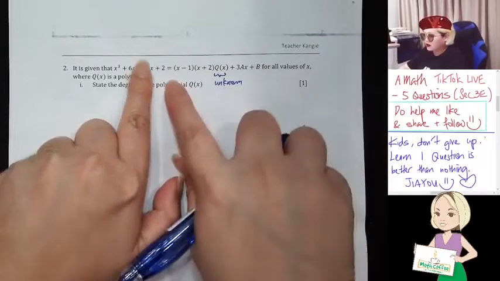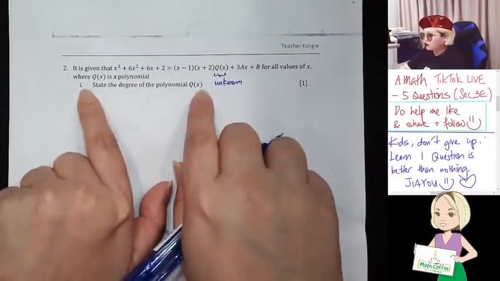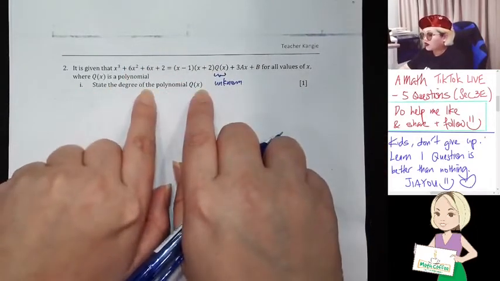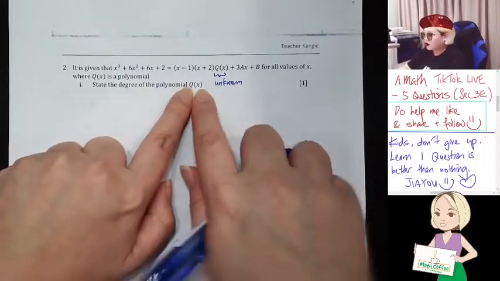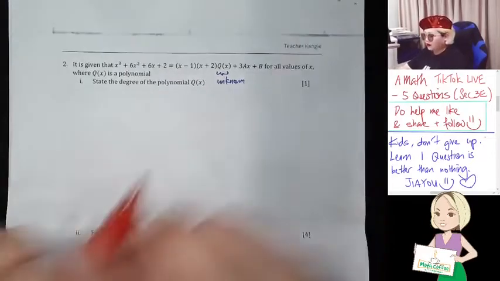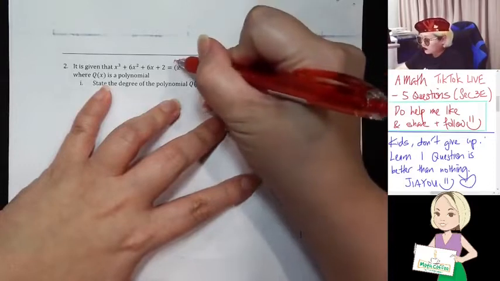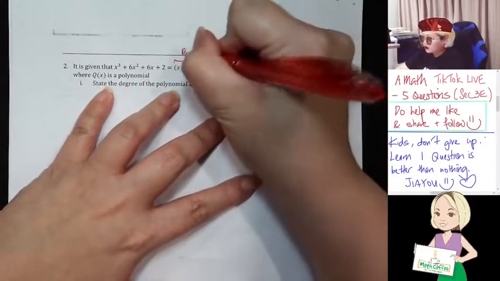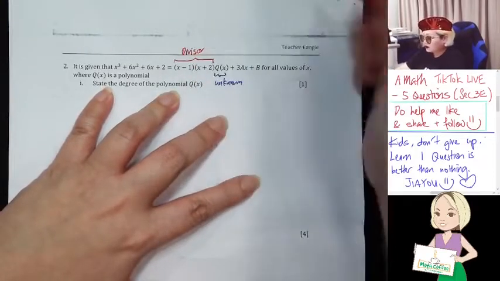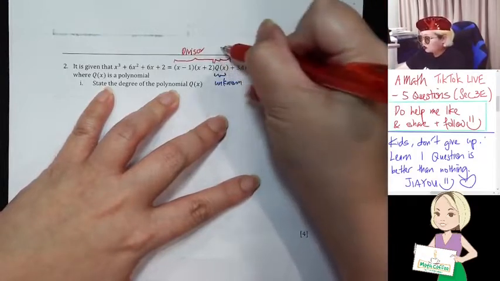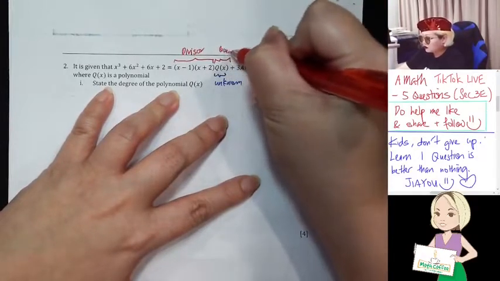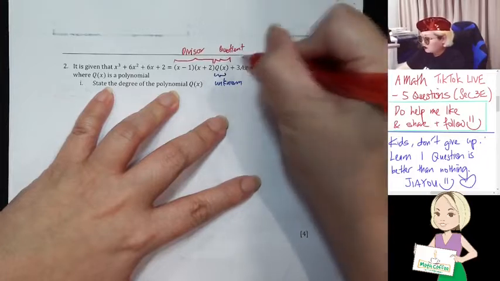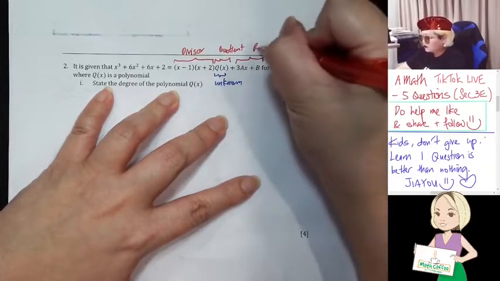So your task is, for part 1, they ask you to tell what's the degree of qx. Now I want you to know that from here to here, this is called the divisor. Of course this one is the quotient. And from here to here, this is the remainder.